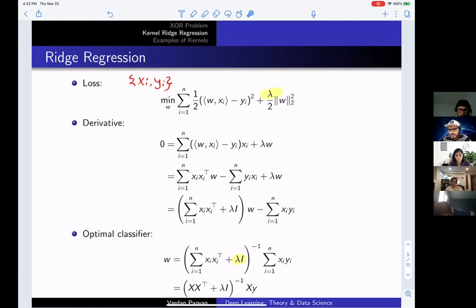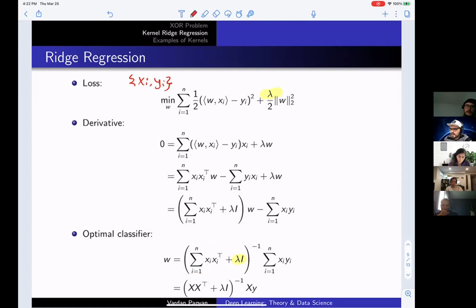Now, here you can see the intuition for why ridge regression is useful from the perspective of numerical analysis. If you had no ridge regression, it would be equivalent to setting lambda to 0, and then you would just have the inverse of this matrix. But sometimes this matrix is not invertible, or maybe this matrix is not representative of your true population statistics.